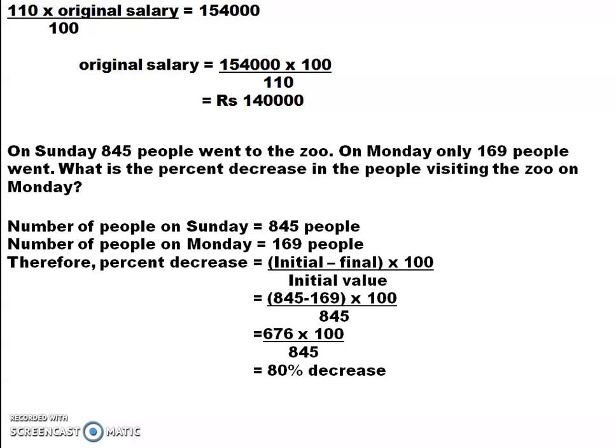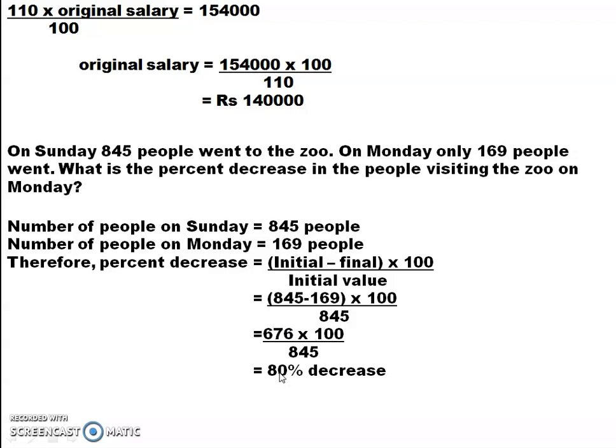Here the new value is 169 and the old value is 845. Here I have taken initial minus final. Initial was 845, final was 169. 845 minus 169 is 676, into 100 by 845.